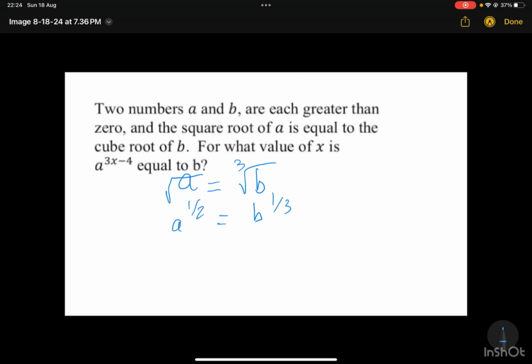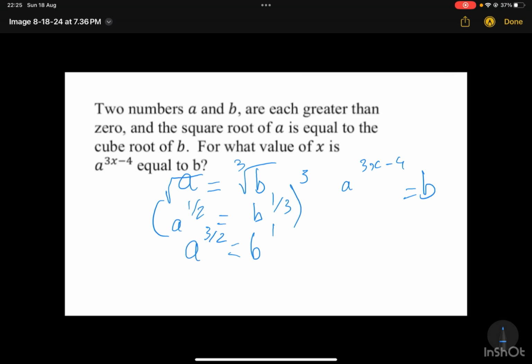So after that, we're going to have a to the power of 3x - 4 equals b. In order to have this value, we're going to raise this to the power of 3. We're going to have a to the power of 3/2 equals b to the power of 1.